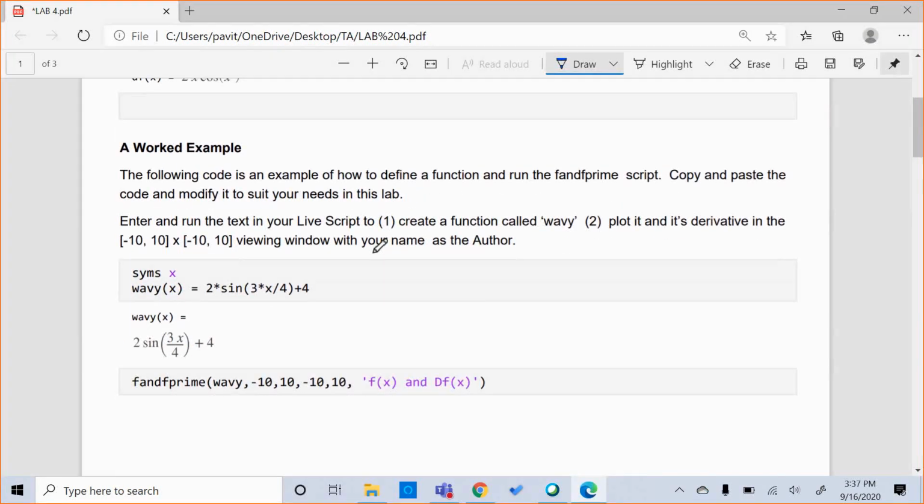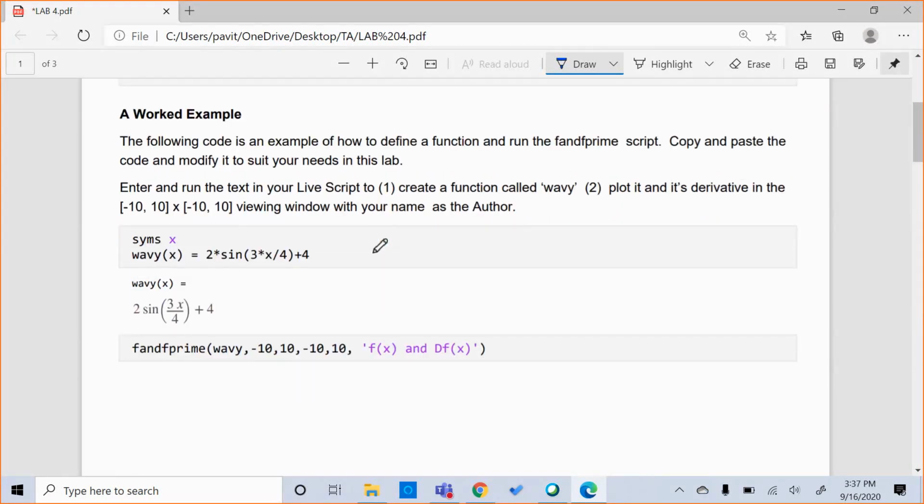And now what I'm going to do is define my function as a variable. It's just a variable. You can give it as g, h, or say t also. So I'm just naming my function as a variable. And then I need to find the derivative of that function. So f and f prime is my command. Okay, it's not a built-in command.